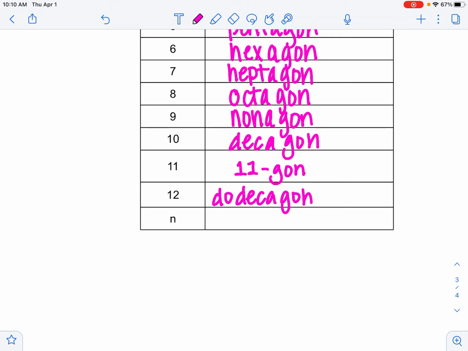Anything after that, we use the number -gon. So a 45-gon is a 45-gon.